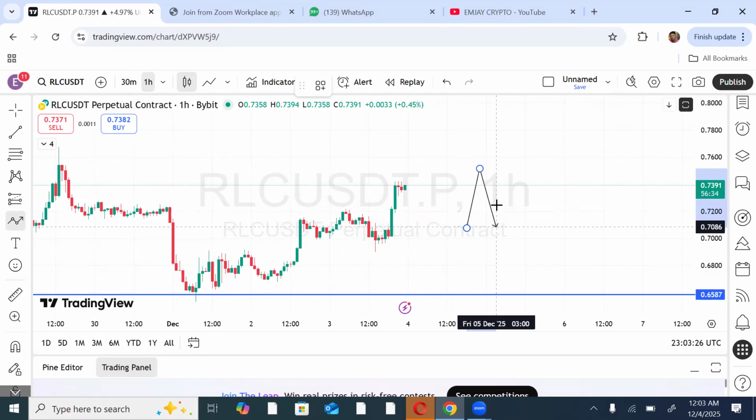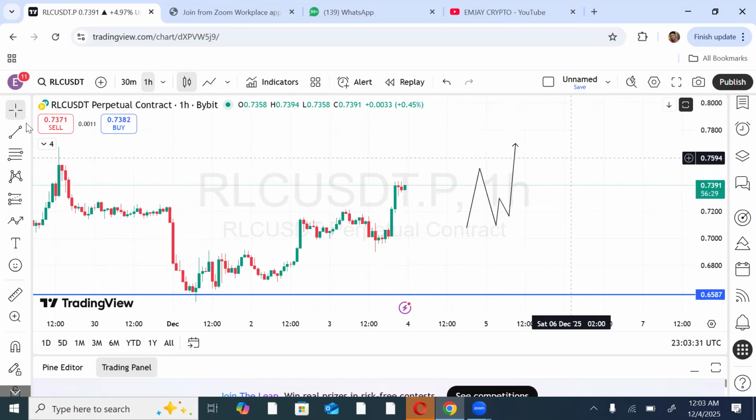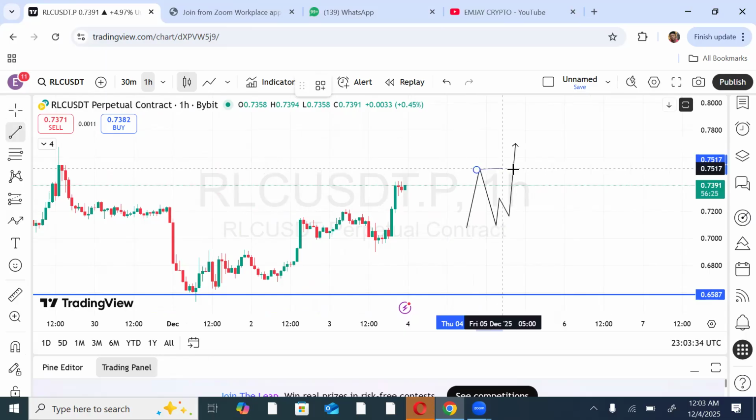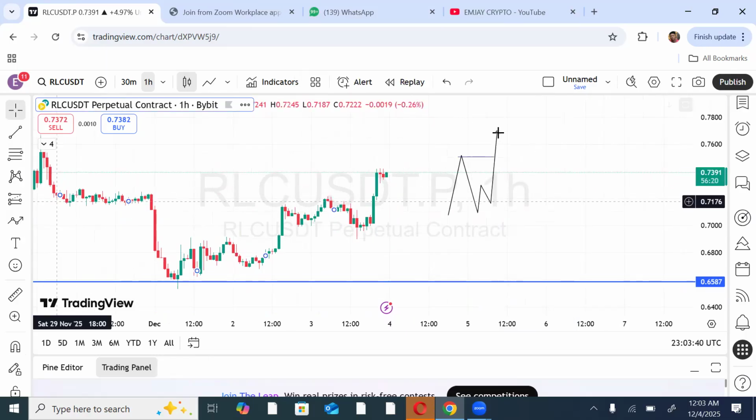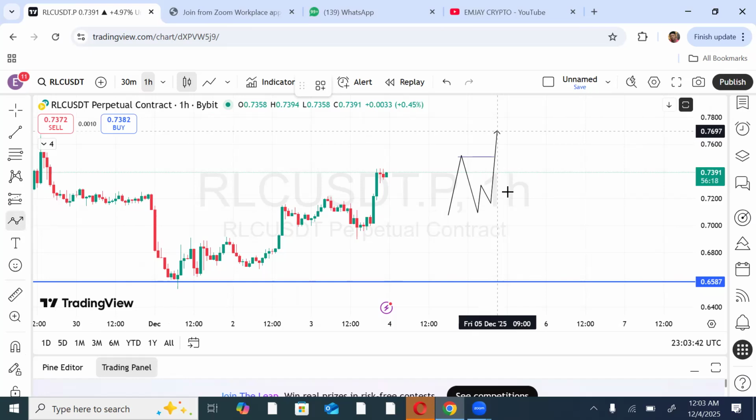First of all, we get the breakout, which is this. Right? And then we expect that price would buy from here to the upside, right? From this point and then go back to the upside.